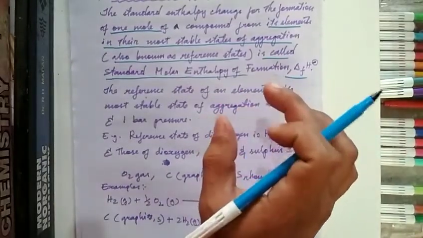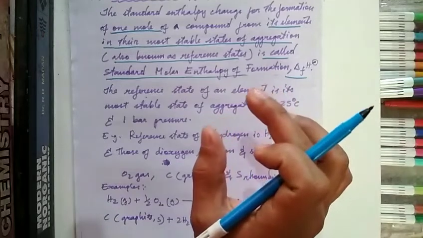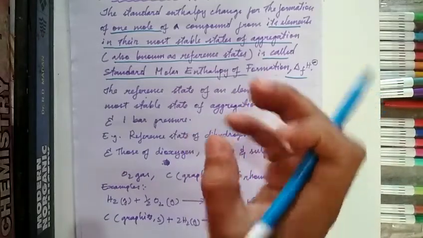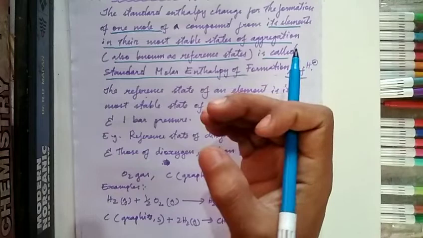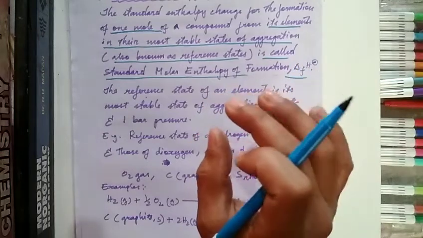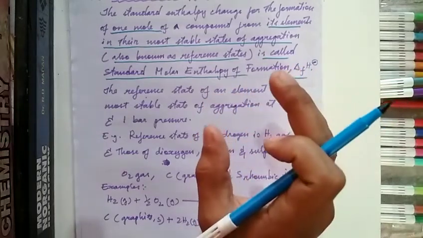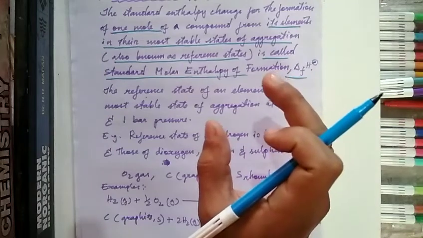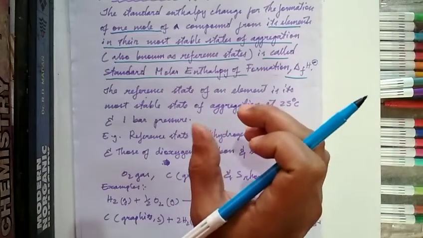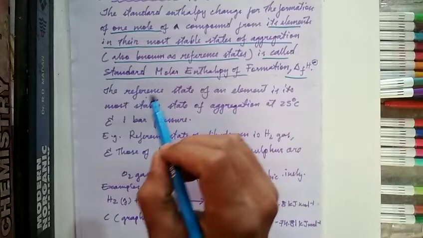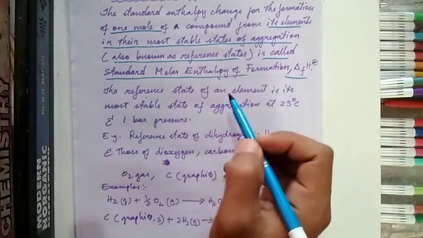So what this statement says is that 1 mole of a compound will form from its elemental state. A compound should form from its elemental state, and that also should be in 1 mole, and we call that standard molar enthalpy of formation.